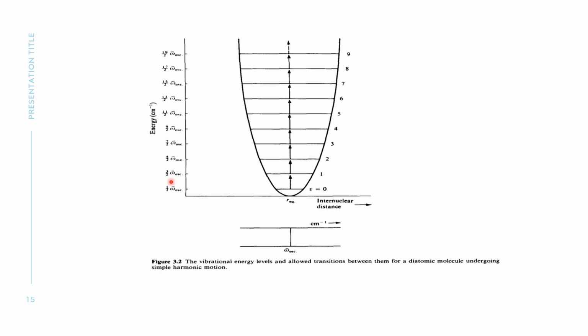If we put V is equal to 2, we get 3 by 2 omega bar OSC. And there is a constant difference between each successive state, that is V is equal to 0, V is equal to 1, V is equal to 2. That is, each successive vibrational state differs by omega bar OSC.